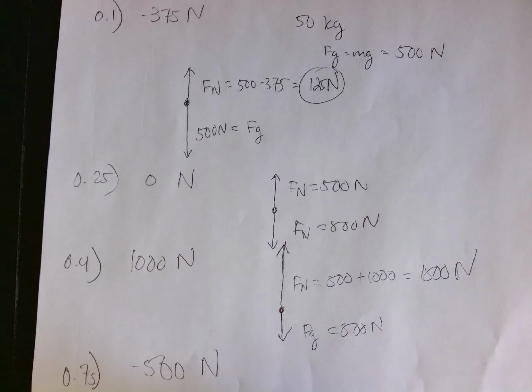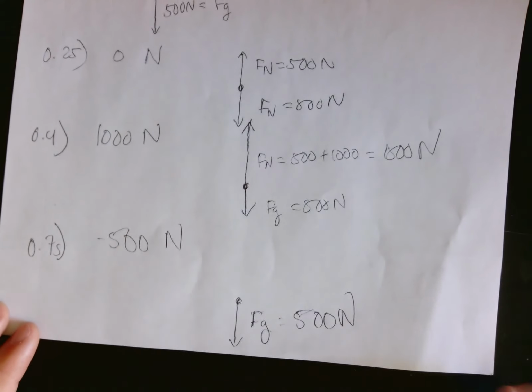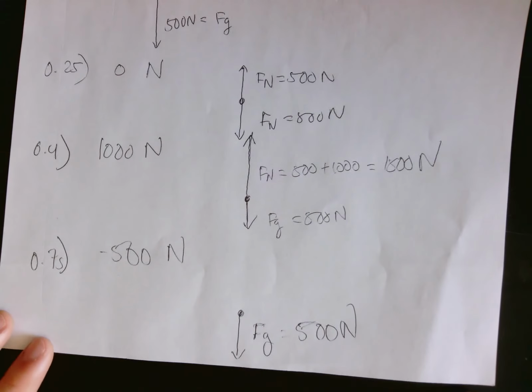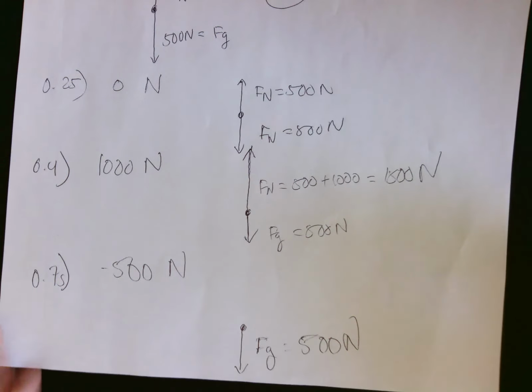And finally, her Fg is going to equal 500 newtons, but her net force is equal to negative 500, so that means there's no normal force, which makes sense because she is in the air, so she's not making contact with the ground. Notice how throughout all of these diagrams, her force of gravity does not change. So yeah, that is the question from Energizing Physics 4.5.